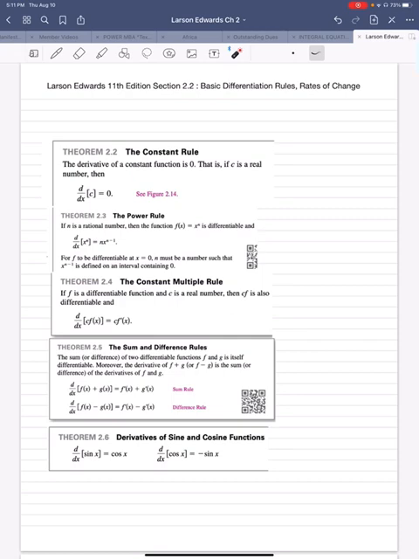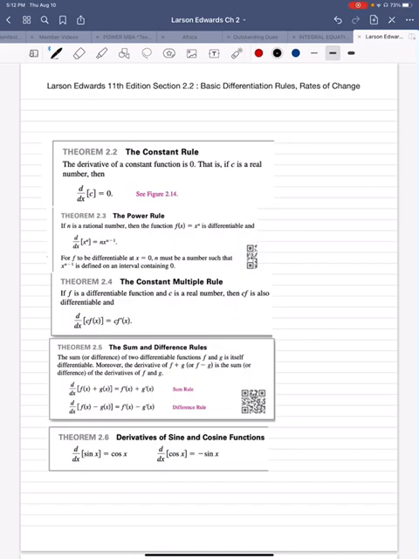So in section 2.2 of this book, there were 5 key takeaways: the constant rule, the power rule, the constant multiple rule, the sum and difference rules, and derivatives of sine and cosine functions. Just to quickly recap these, the constant rule tells you that the derivative of any constant, so that's to say a term not involving x, just a number, is 0.